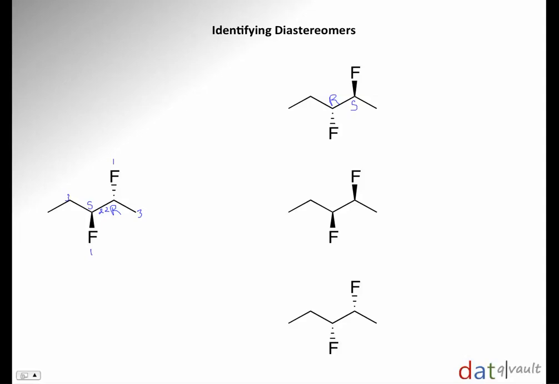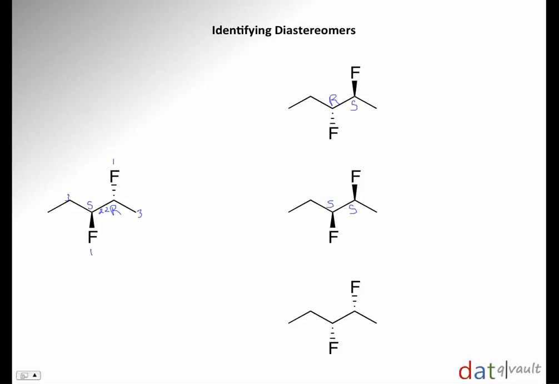So we notice we flipped the configuration of both stereocenters from SR to RS, so that means these two molecules are enantiomers because we flipped both stereocenters. If we look at this molecule right here, we only flipped one of the stereocenters, so this is still an S stereocenter, and now the fluorine is faced forward, so it is now also an S stereocenter.